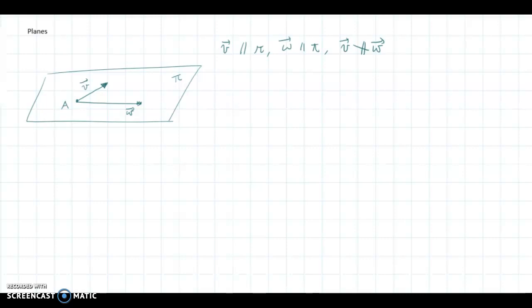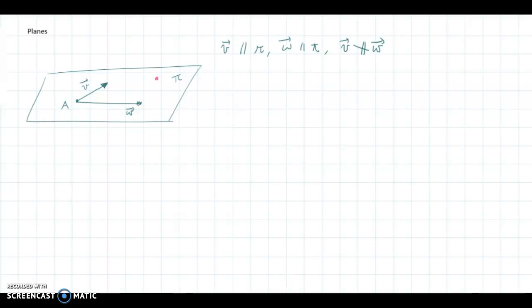Okay, so this is my claim. Any other point on the plane that I want to reach, I can do so by considering a linear combination of vectors parallel to V or W. So what do I mean by this?